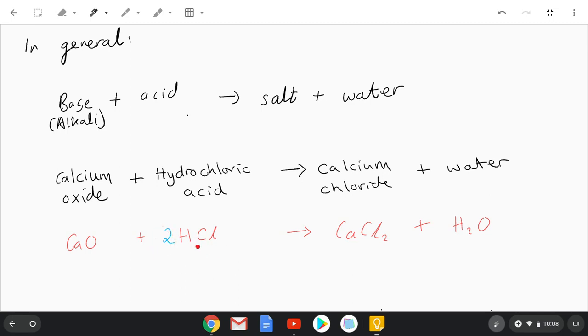Remember, I cannot put a 2 here because that will change the compound itself. So I'm just having multiples of that compound. So I put a 2 here. That means that the hydrogens have doubled, but also the chlorines have doubled as well because we've got two lots of hydrogen chloride. Now let's have a look on the right-hand side.